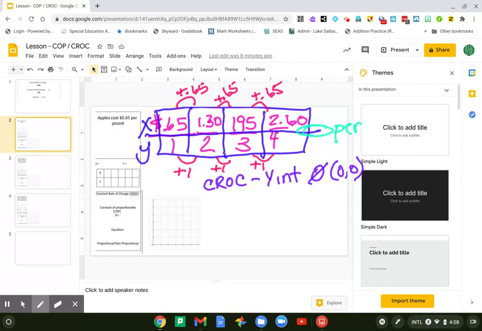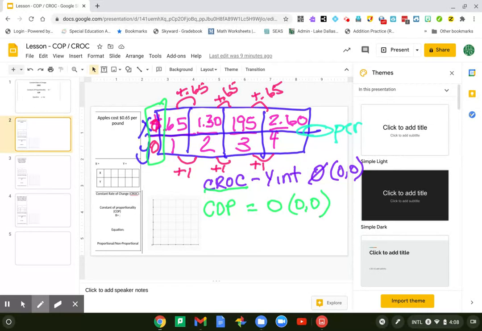If I buy 0 apples, I'm going to spend $0. Well, that goes through 0, 0. So it can't be a constant rate of change. But a constant of proportionality means that it goes through 0, 0.